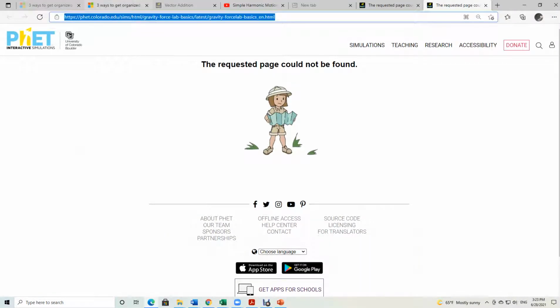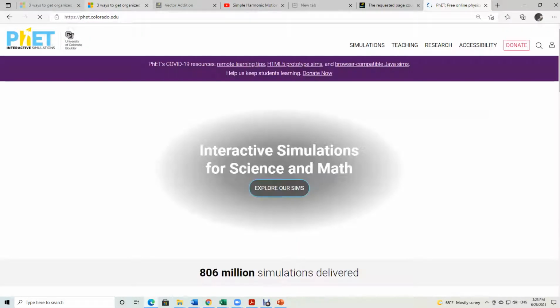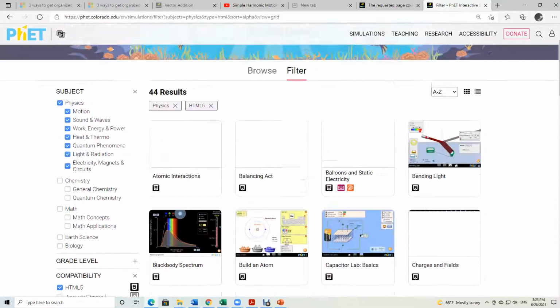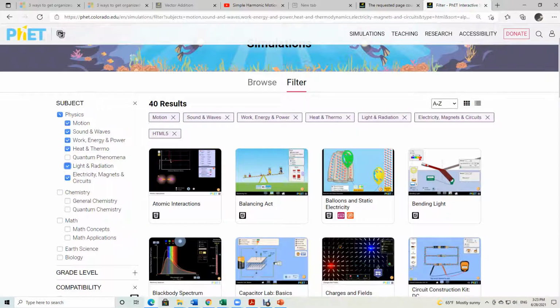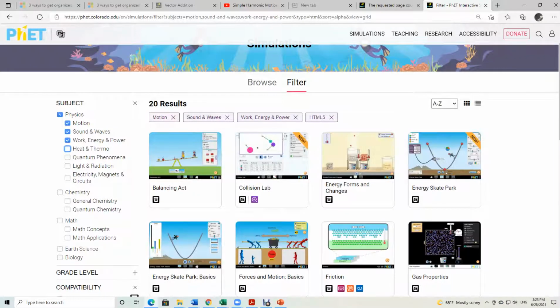So let's go PHET, Colorado. You gotta hunt this down. Quantum, electricity, motion, sound waves. We don't need quantum, we don't need radiation, we don't need electricity, we don't need heat and thermal.